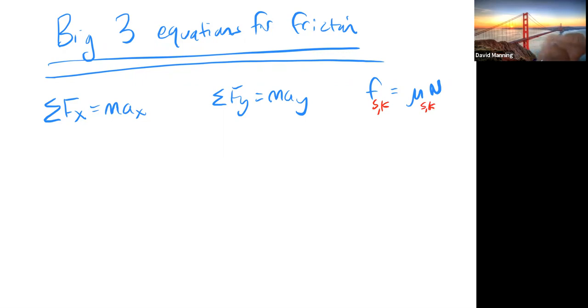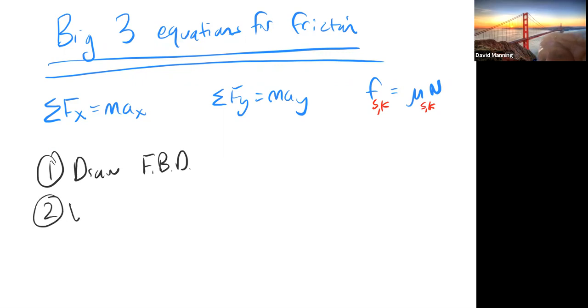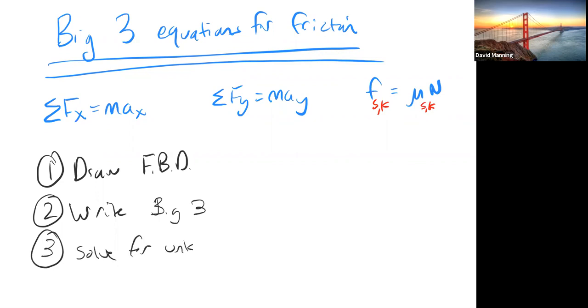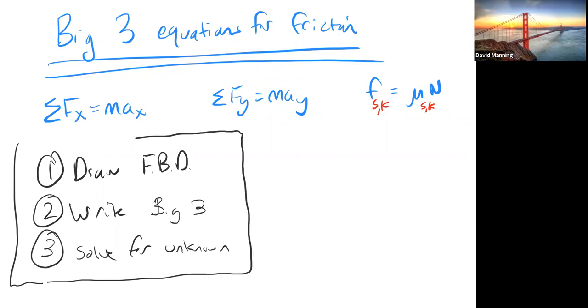So when you're solving friction problems, first thing you want to do is draw your free body diagram, and then two, write the big three. And then you solve for the unknown, and it could be from any of the equations. So those are your three steps to solve friction problems.